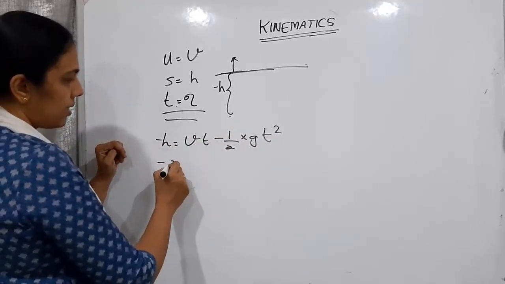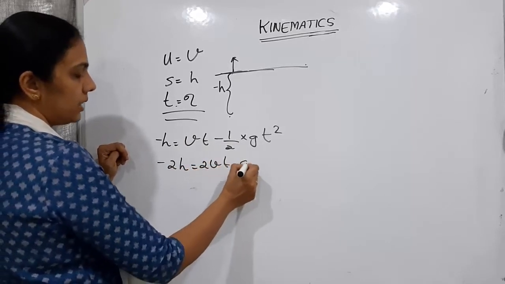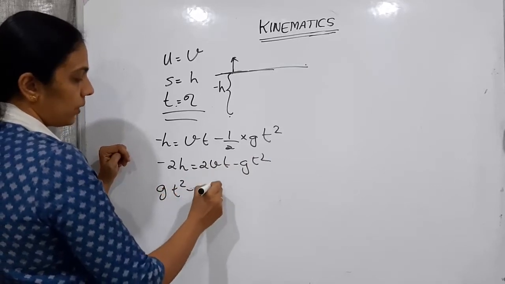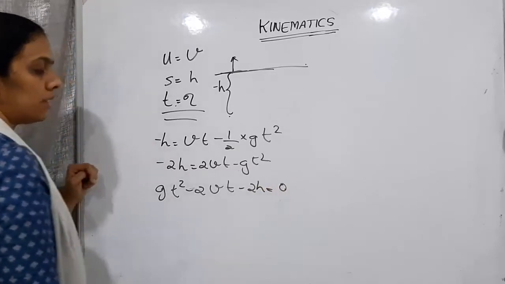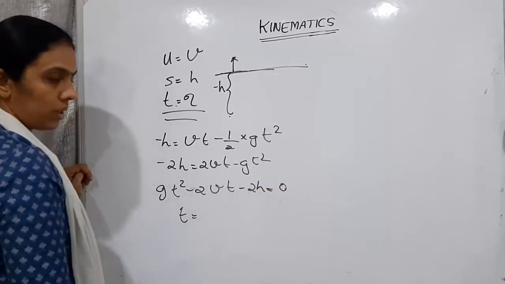Here minus 2h equals 2vt minus gt square. So gt square minus 2vt minus 2h equals 0. This is a quadratic equation. So t is equal to, how can we find out?